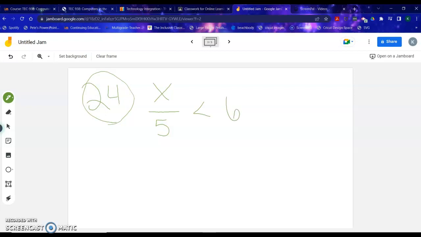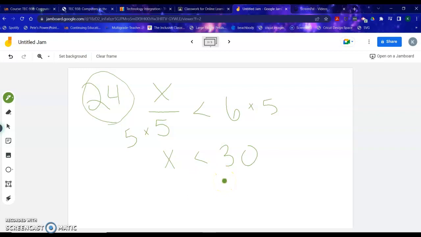And then what we would want to do here is multiply both sides by 5. And then this becomes x is less than 30.